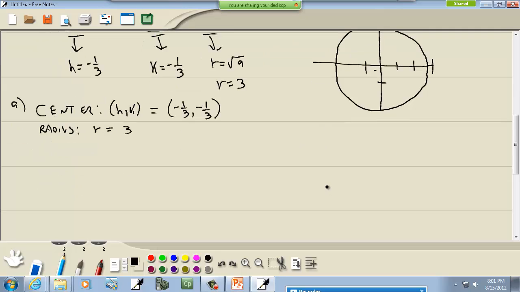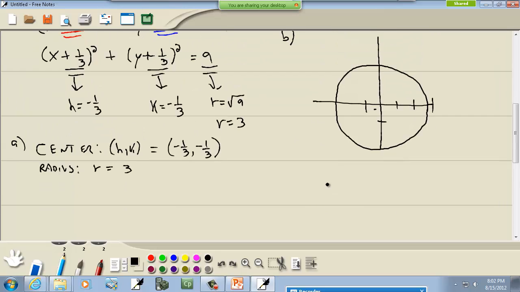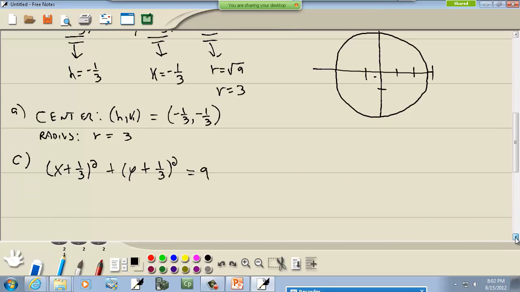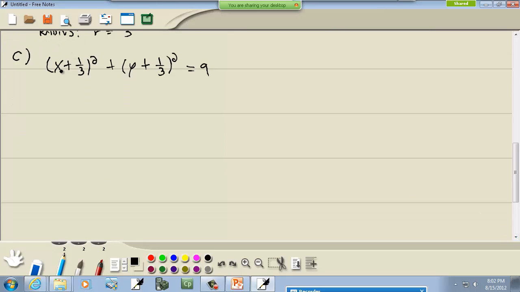Well, it looks like we have some intercepts, so let's see what we find out there. So we're starting with (x + 1/3) squared plus (y + 1/3) squared equals 9. Now we got something nice that happens here. Since these are exactly the same, it doesn't matter if I plug 0 in for x or 0 in for y.